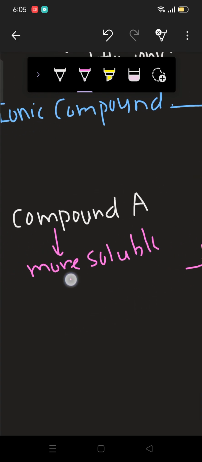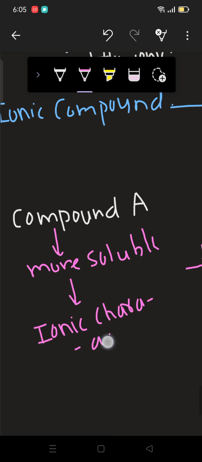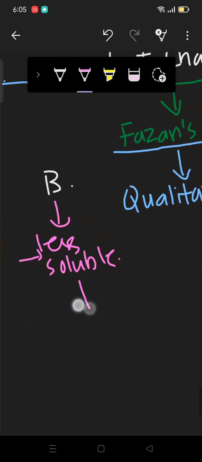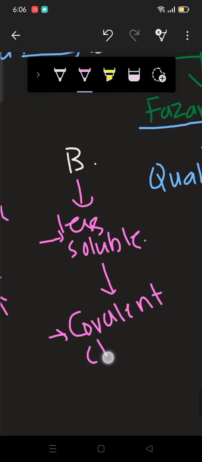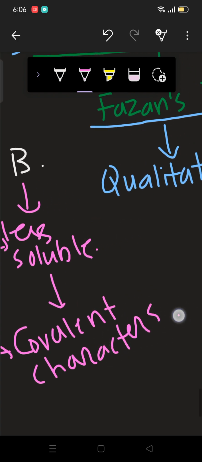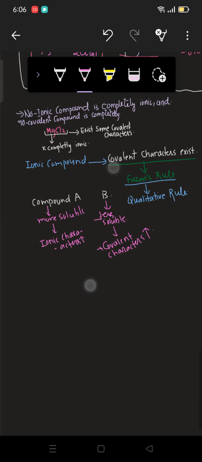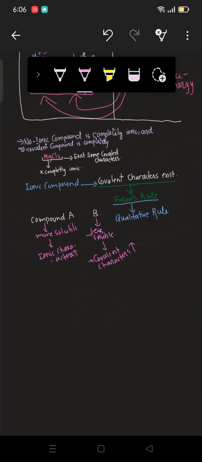This is more soluble means ionic characters here are more. This is less soluble, which means ionic characters are less, which means covalent characters are more here. I have just talked on the basis of solubility.